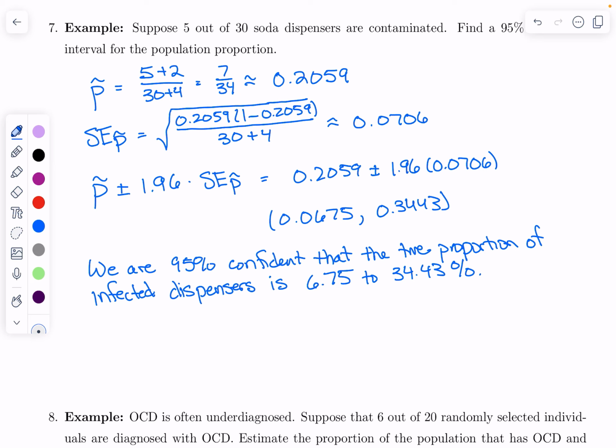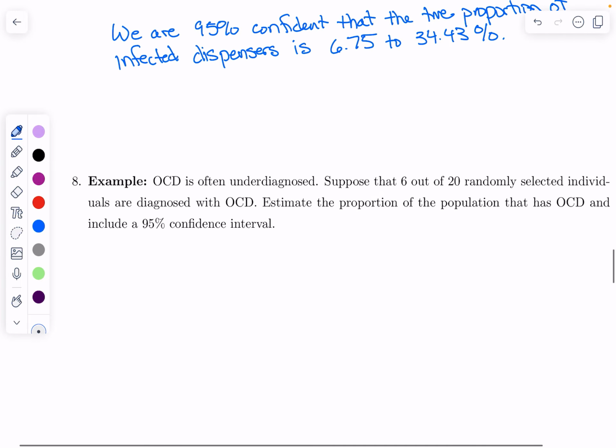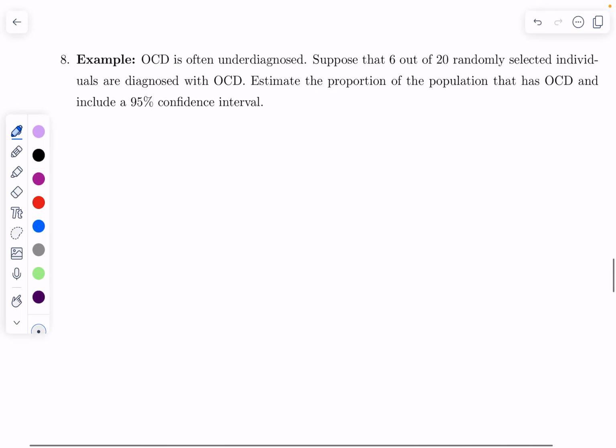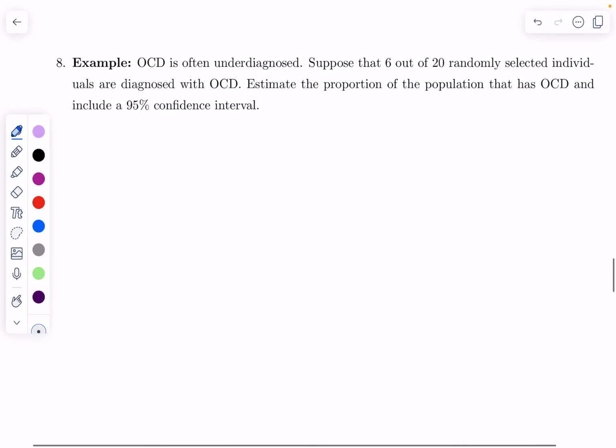I'm going to give you one more example. This example is our OCD example. It says OCD is often underdiagnosed, and suppose that 6 out of 20 randomly selected individuals are diagnosed with OCD. Estimate the proportion of the population that has OCD and include a 95% confidence interval.